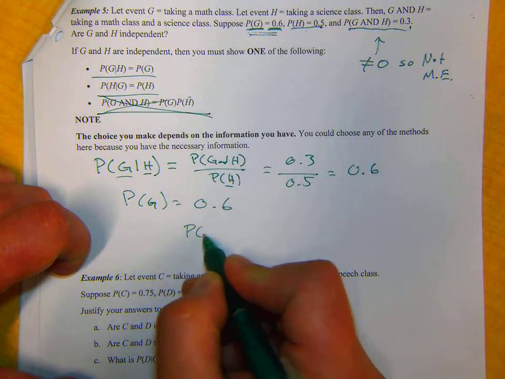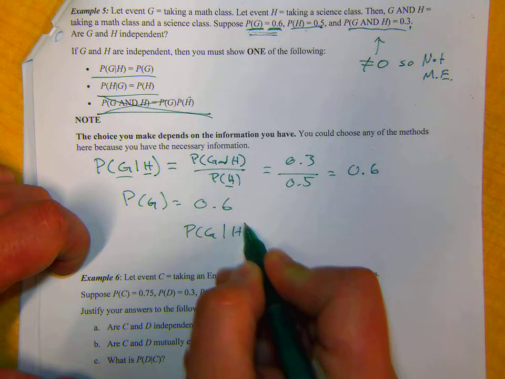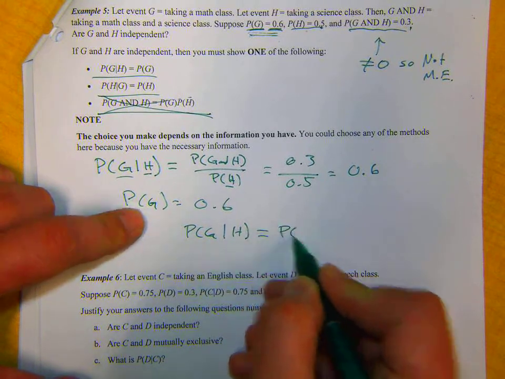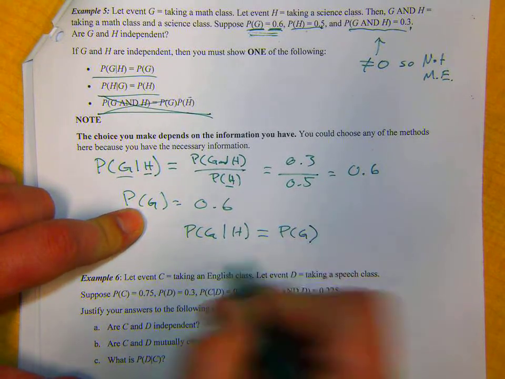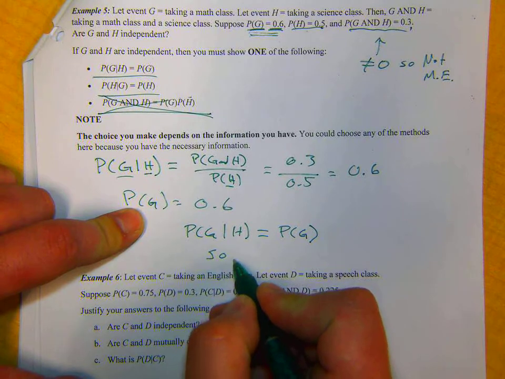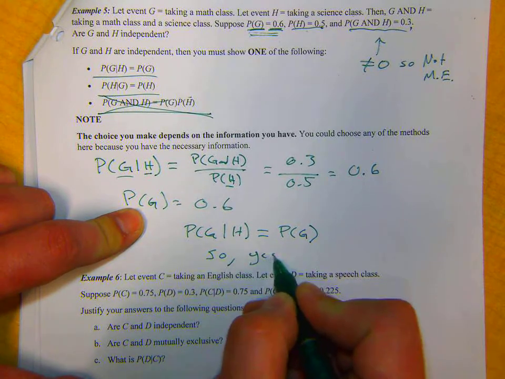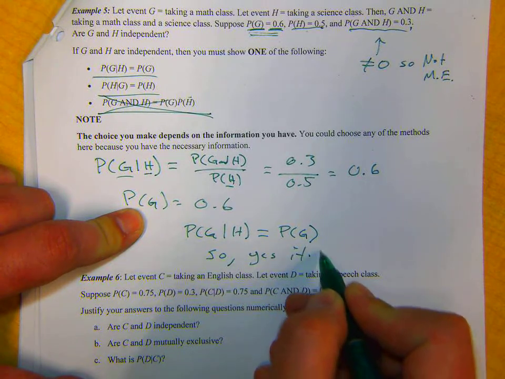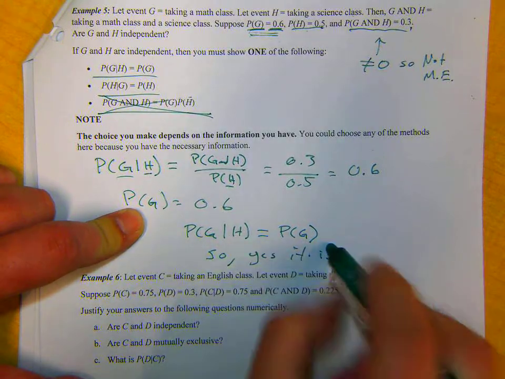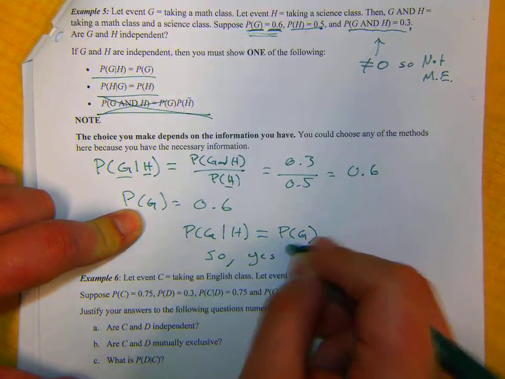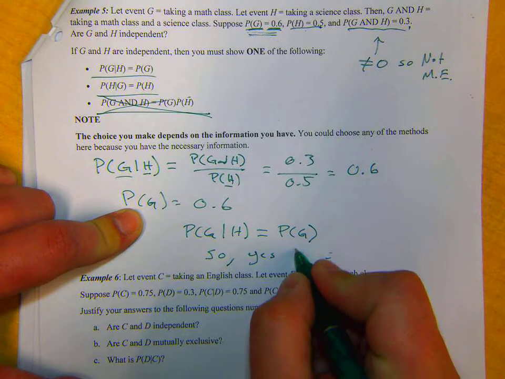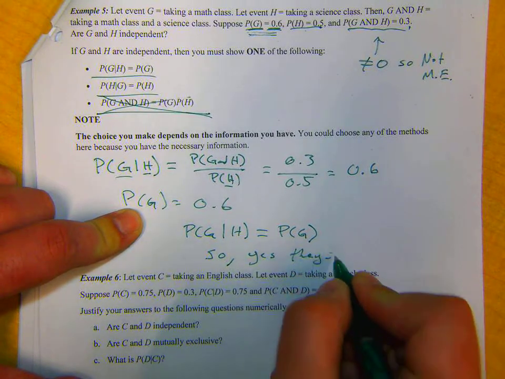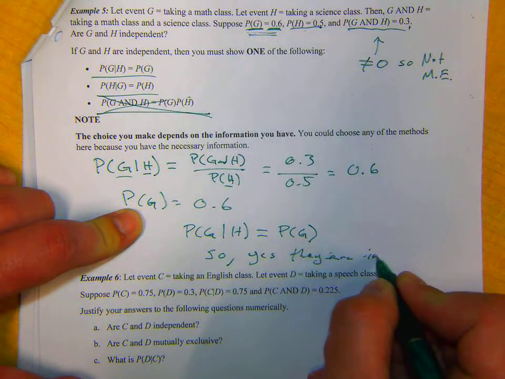So P of G given H is equal to P of G. Yes, it is. They are, I should say. Use correct English. So they are independent.